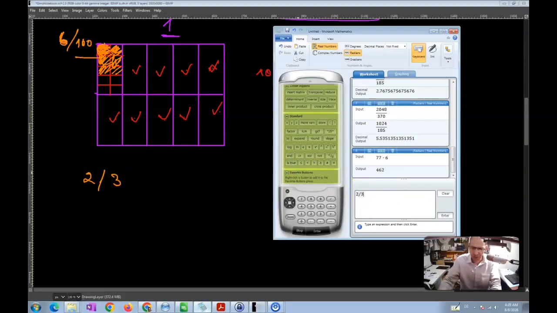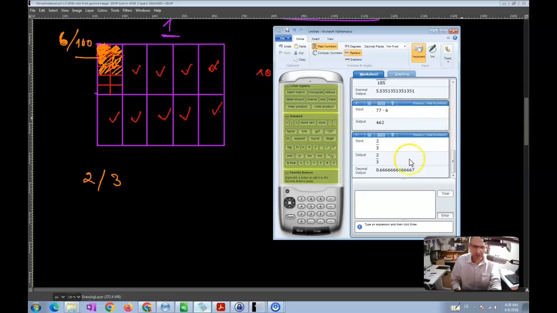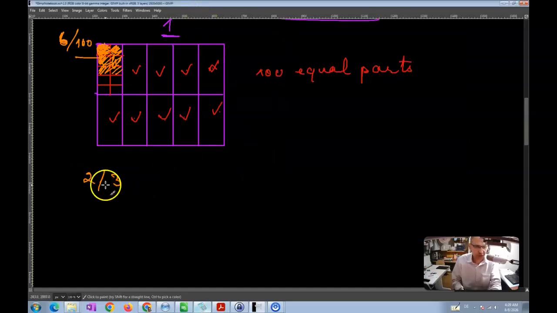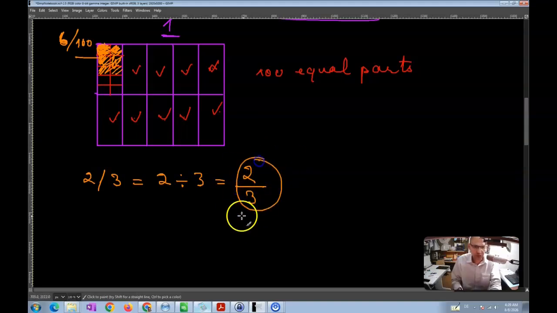That's 67%, or 0.67. You can write 2 divided by 3 as 2/3. So this thing over here is called a fraction.